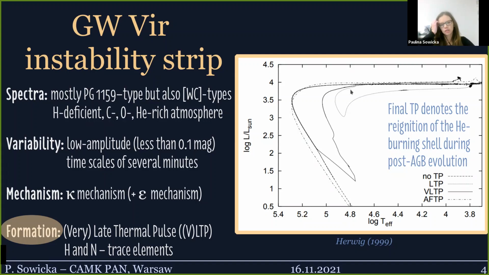What is important is that hydrogen and nitrogen are the trace elements that can help us distinguish between these two formation channels.